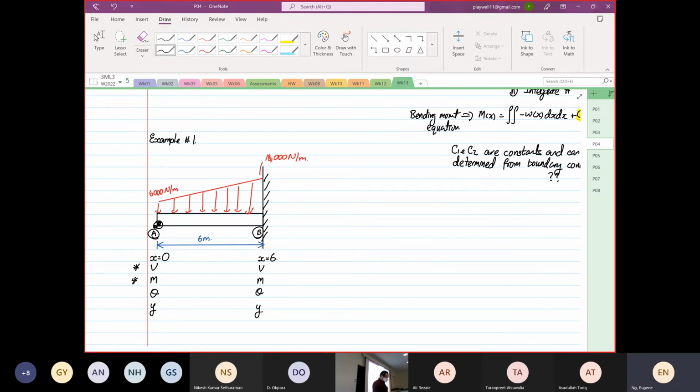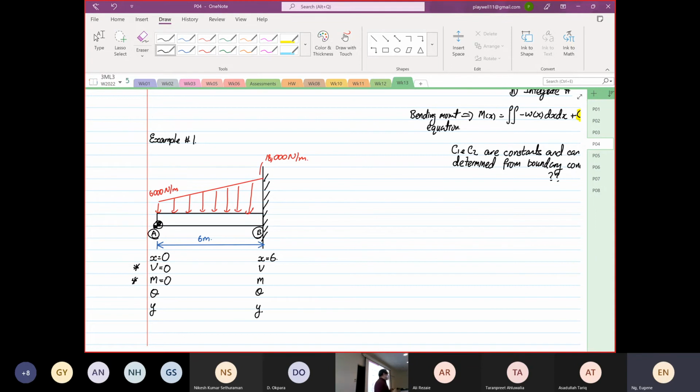Now, let's create boundary conditions. The shear force at point A is equal to 0. And the bending moment is equal to 0 at point A. Why is the bending moment at A equal to 0?